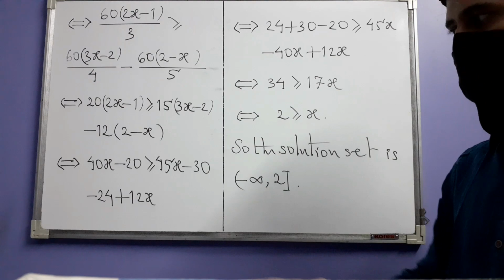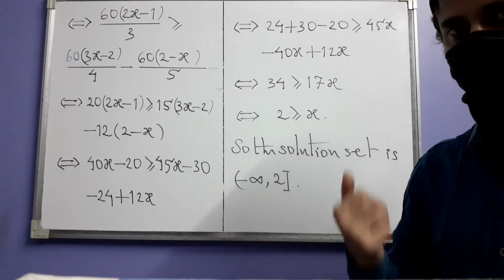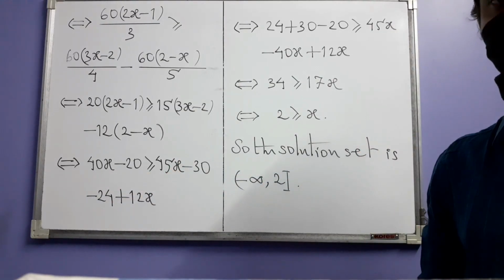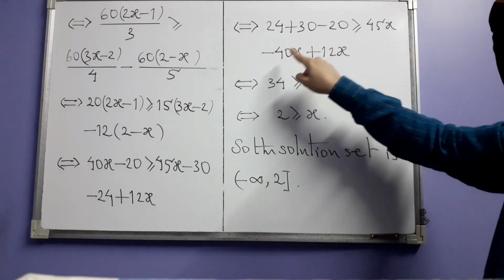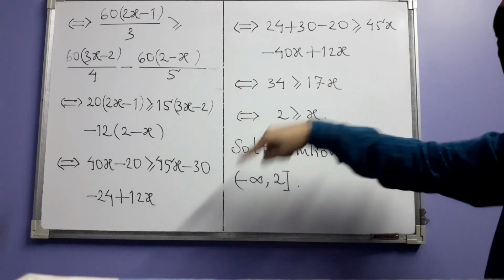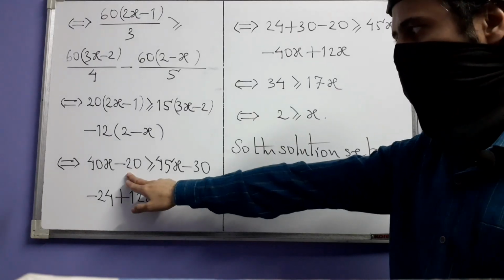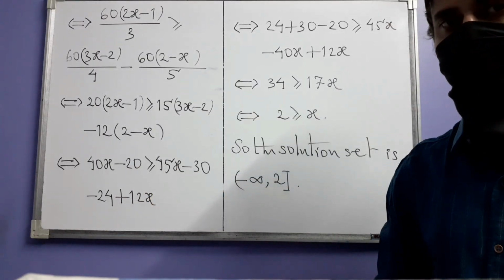Bring that over to this side means, of course, there is no physical motion. It just simply means subtracting 40x from both sides. So doing that, you get 45x minus 40x plus 12x on this side. Similarly, on that side you have minus 20, on this side you have minus 30 and minus 24.